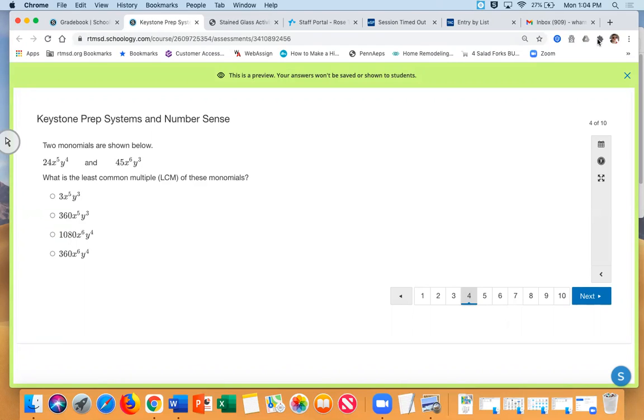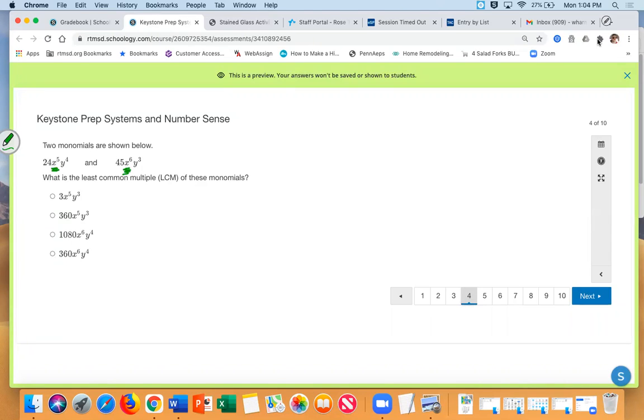So the least common multiple is the smallest number or expression that both of my expressions go into, which innately implies that the answer is going to be larger than the other two. Now, Mark, let's focus in on that concept, larger.